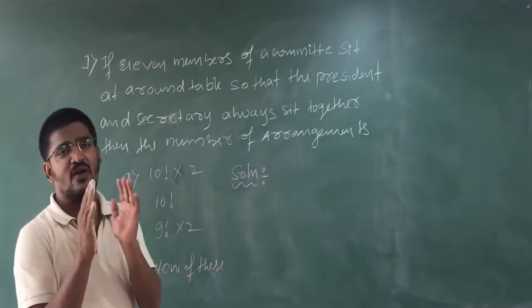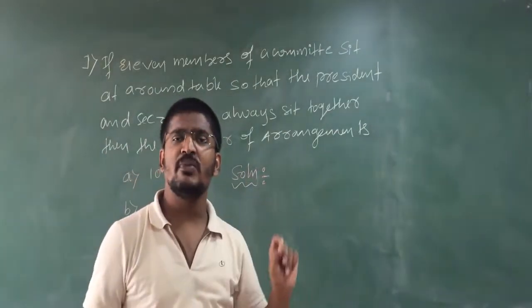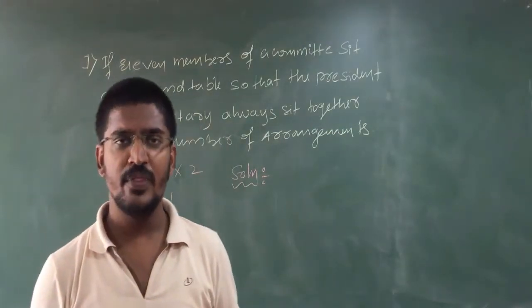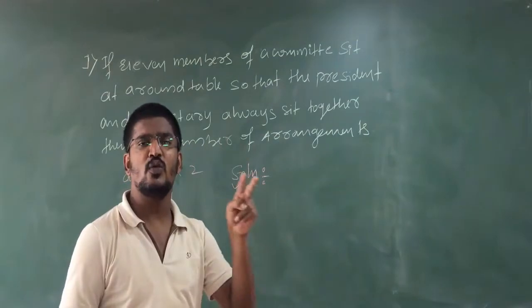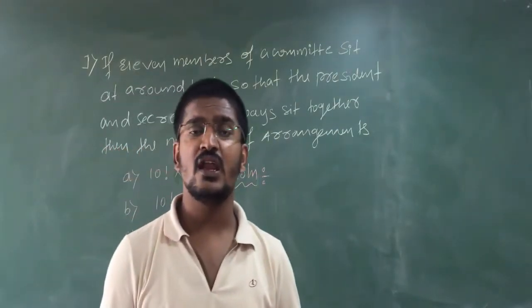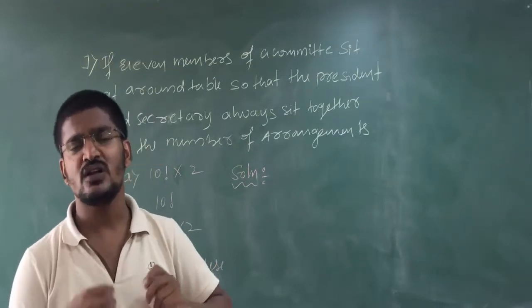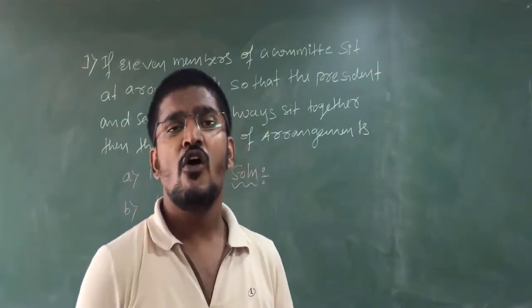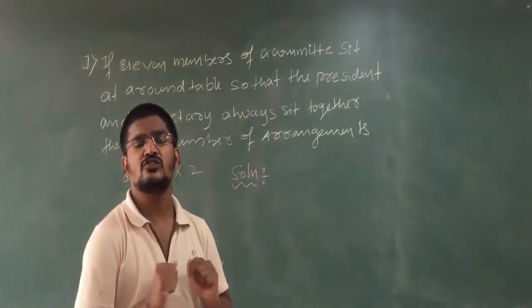See, there are 11 members in a committee, and they have to be made to sit around a table where the secretary and the president have to be always together. Then what are the total number of ways that the members can be made to sit is the question here.